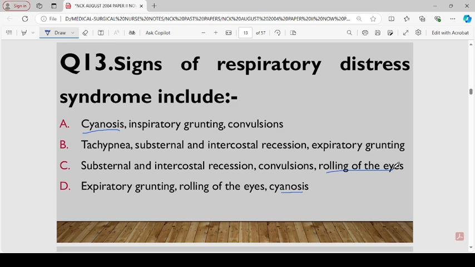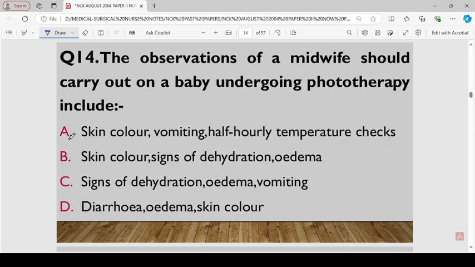This is maybe an indirect sign. Also the convulsions, right? Maybe this is a problem with the nervous system. That gives us option B as the correct answer, where the patient is going to present with tachypnea, substernal and intercostal recession, and expiratory grunting.